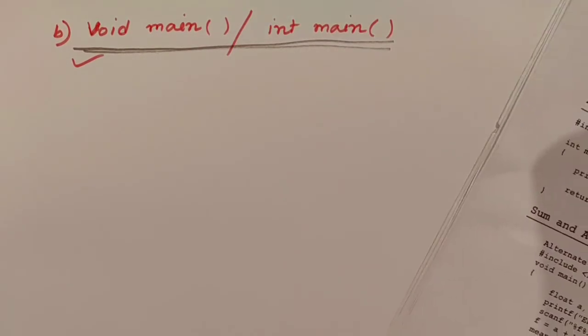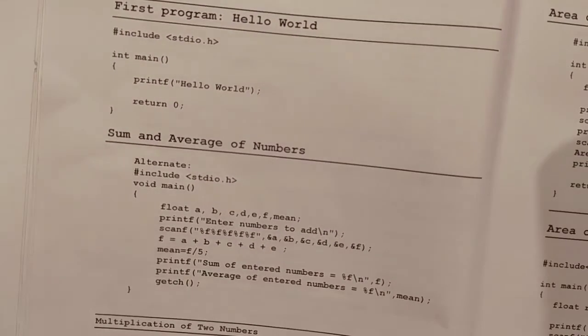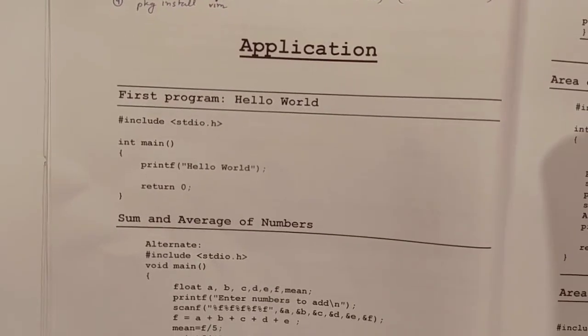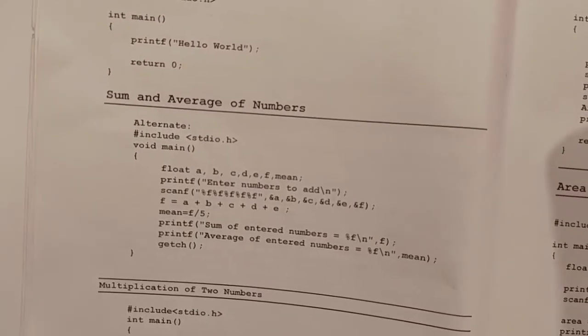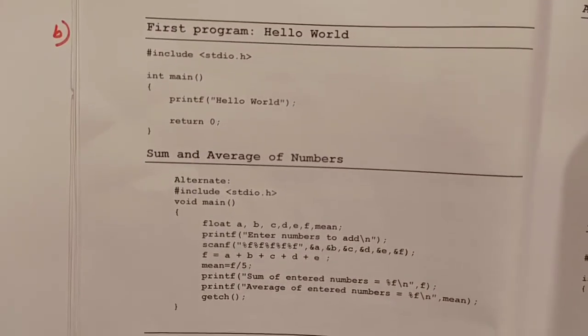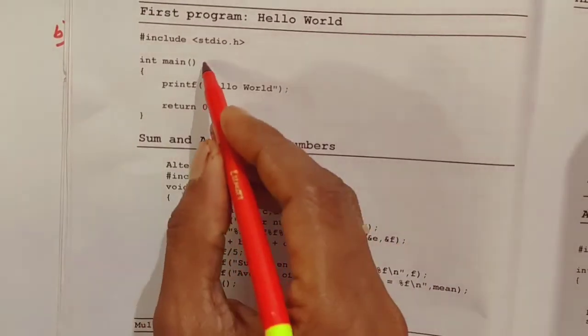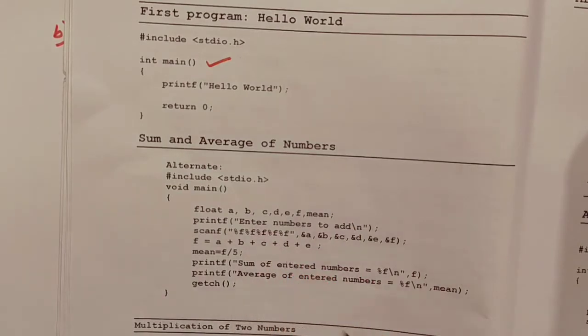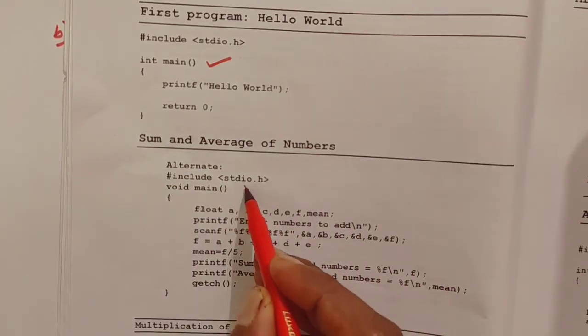For more clarification, you can take some examples from page number 11. Here the first program uses int main, and you can see the second program is void main.